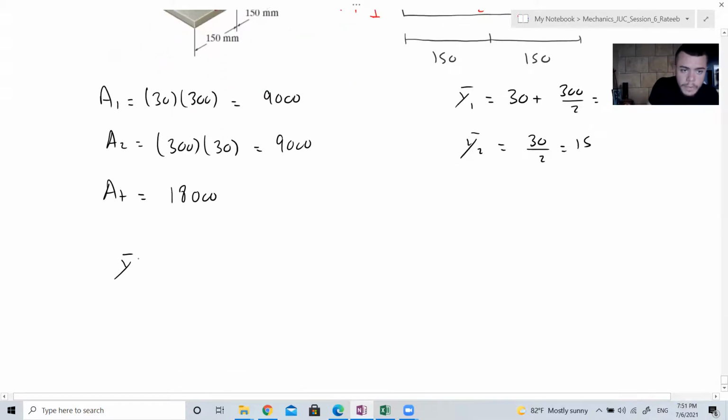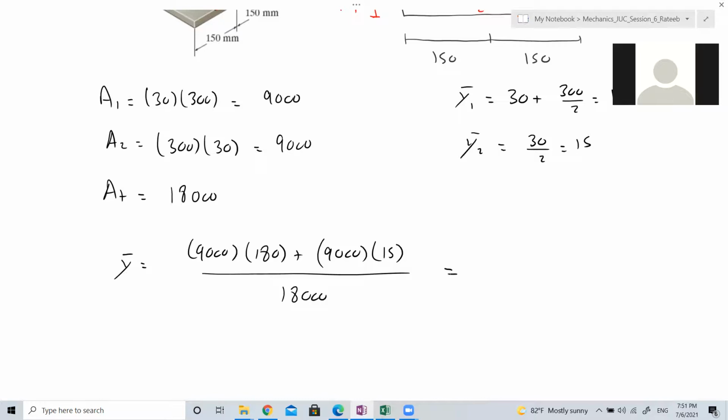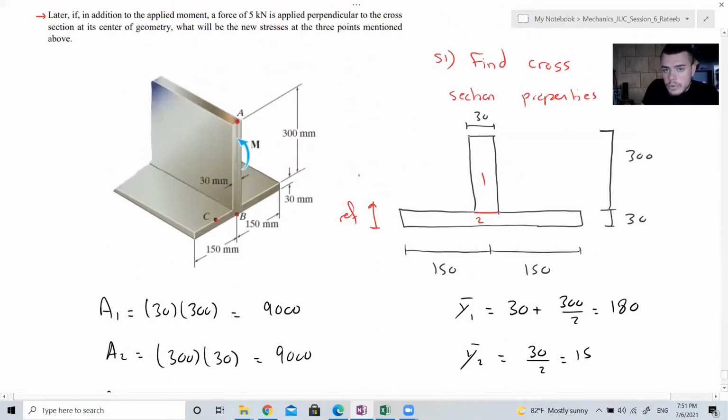Now we can find y bar, which is 9000 times 180 plus 9000 times 15 divided by 18,000. Understood? Yes, doctor. From the y bar we can find the point, right? The centroid. 97.5 is y bar.